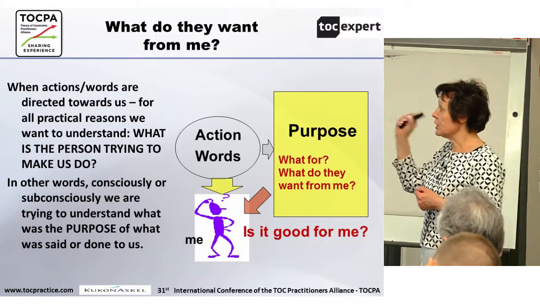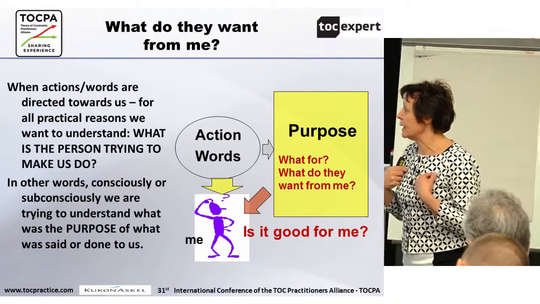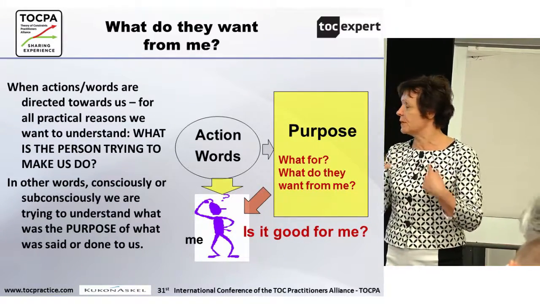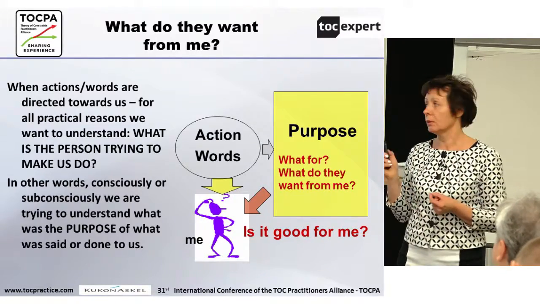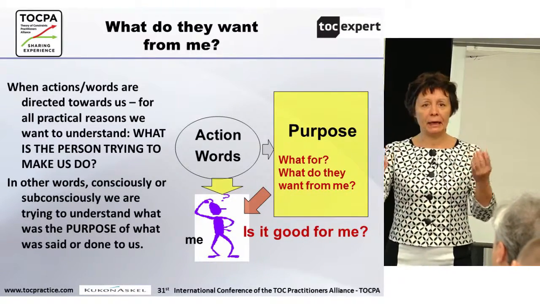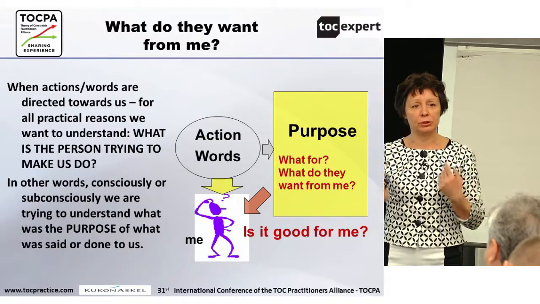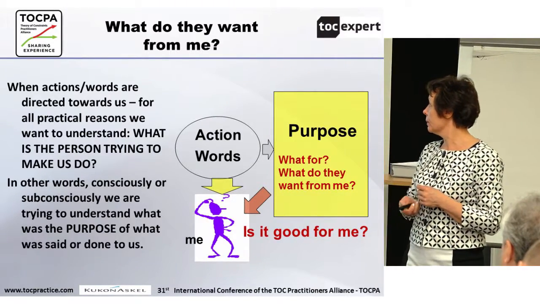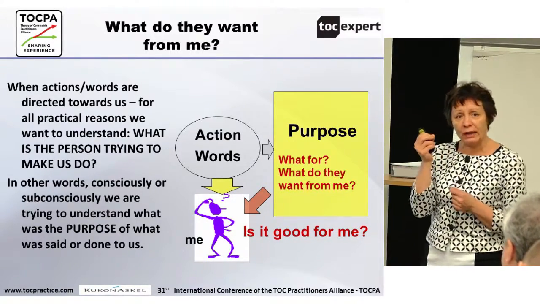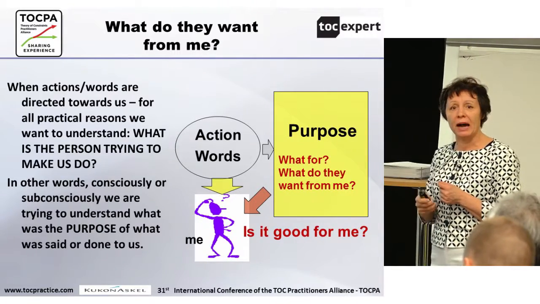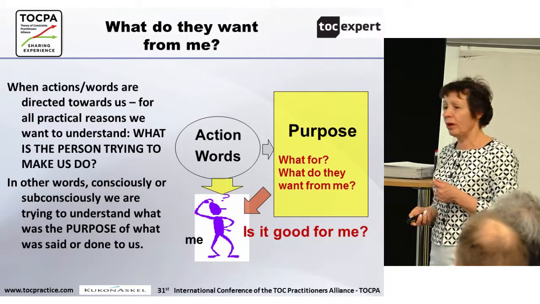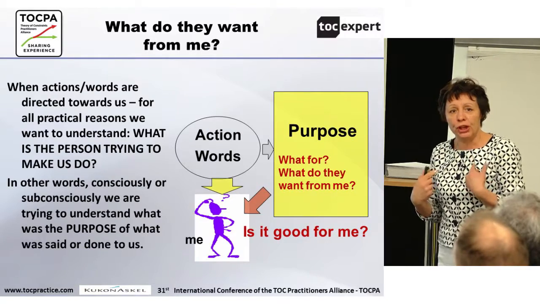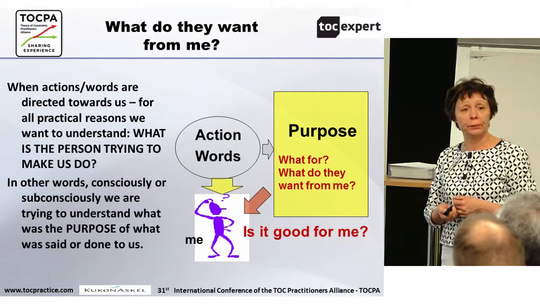So, in other words, consciously or subconsciously, we are trying to understand what the purpose was of what was said or done to us. Generally, any action or words addressed to us, we assess. We're trying to find out what the purpose of the other person was, and we are checking: is it good for me or not?